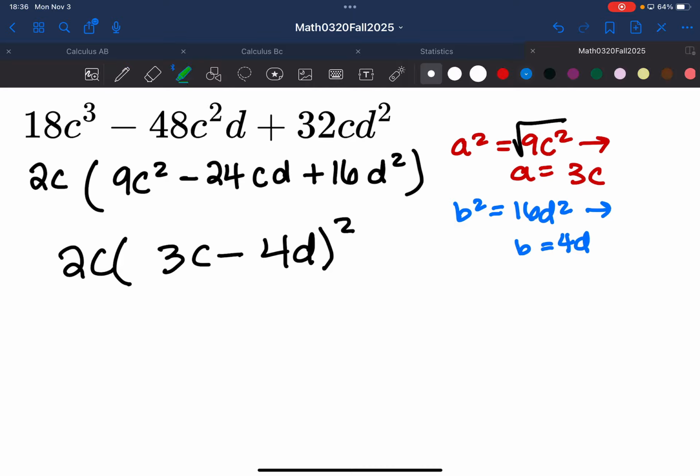So this whole thing is my answer. We got the minus because of minus 48C squared D, right? Correct. Whatever the middle term was. If that was positive, then we would have 3C plus 4D.